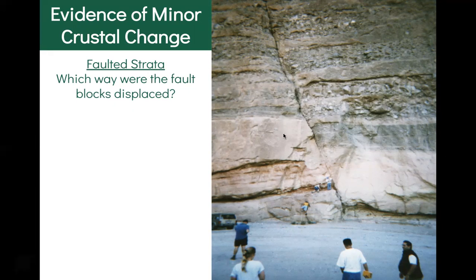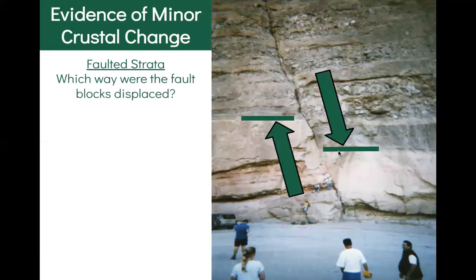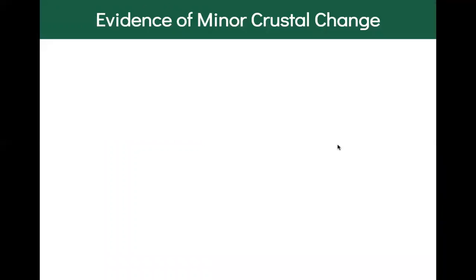We can see that this big slab of sandstone and this big slab of sandstone, if we look at the sequences of rocks above and below, like this little indent and that indent, used to be at the same layer. So the rock strata on the right-hand side of the fault was displaced down, and the left-hand side was displaced up by this fault.